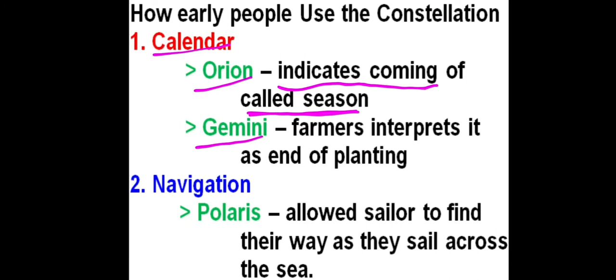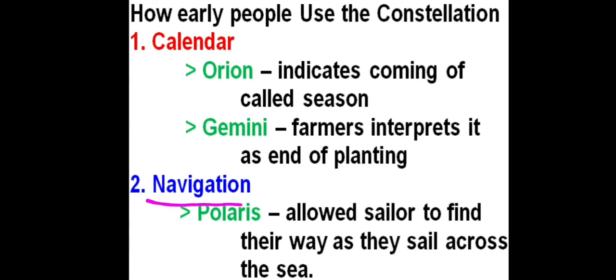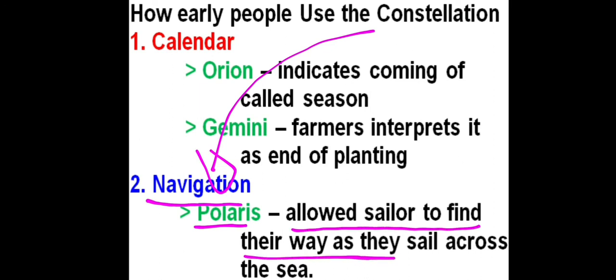When Gemini is prominent in the sky during nighttime, farmers interpret it as the end of planting. I think summer will occur because it is the end of planting when Gemini appears in the sky. Then the second one we have is navigation. Constellations are also used for navigation, just like Polaris allowed sailors to find their way as they sail across the sea.